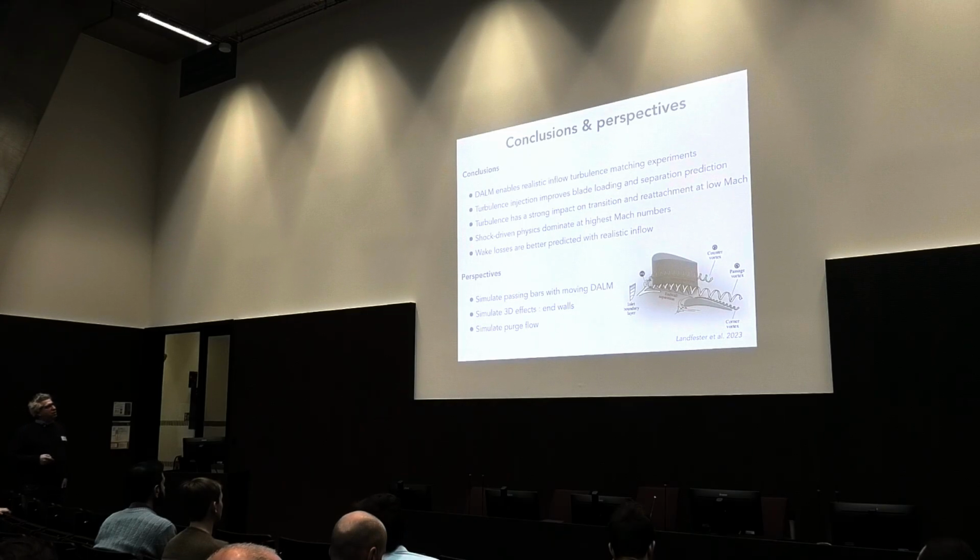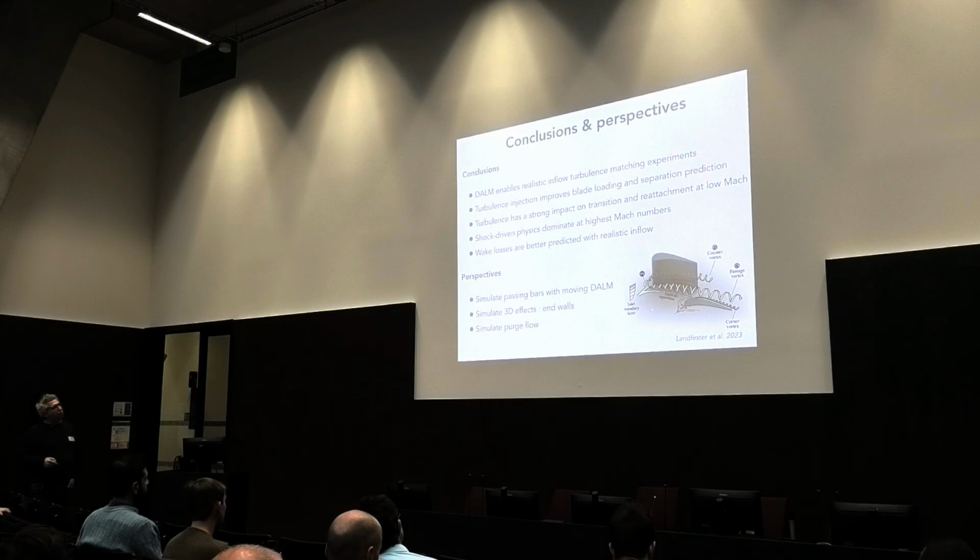And the perspectives are simulating now not static bars, but passing bars that emulate the stator vanes that are in front of the rotor vane, with moving dynamic actuator line methods, and also simulating the 3D effects, because we consider a cascade. But now, if we consider the end walls of the turbine, you will have a lot of different vortices that will interact with the main flow and that will alter the efficiency of the turbine.